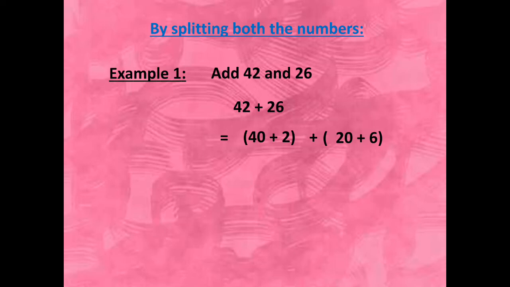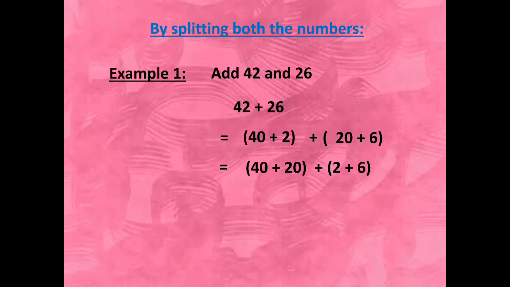Now we will change the order and we will take the two digit numbers on one side and one digit numbers on the other side. That means we will only change the order. So here 40 plus 20, the tens numbers, plus the remaining ones, 2 plus 6.